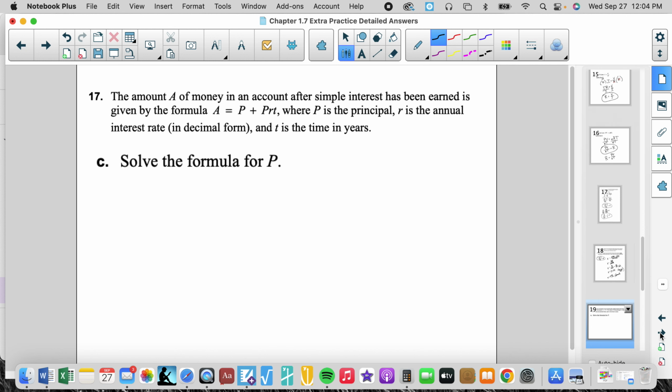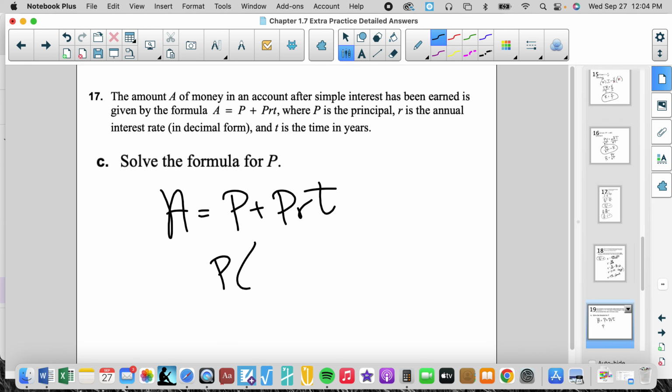And then solve the formula for P. So here we have A equals P plus PRT. Remember, our issue here is that we have two P's and we can't solve for the P. So we want to try to consolidate. Since they're being added, we can factor out.